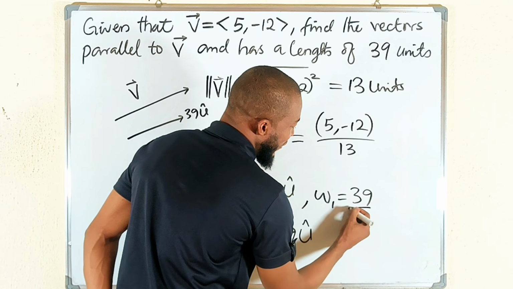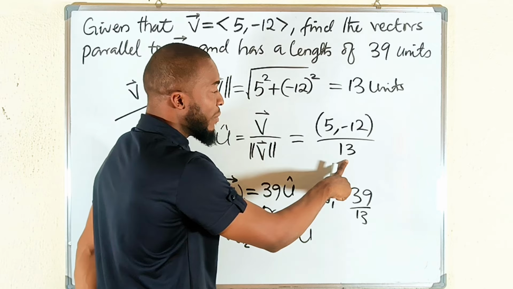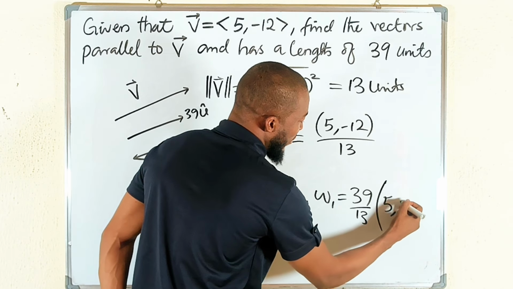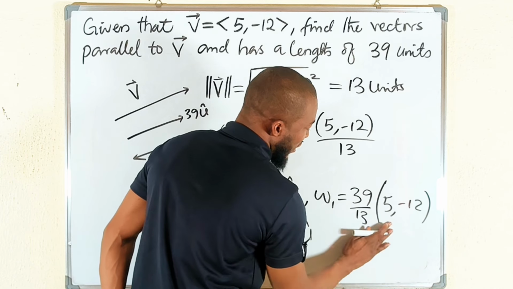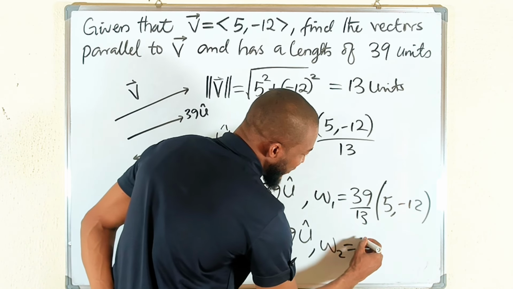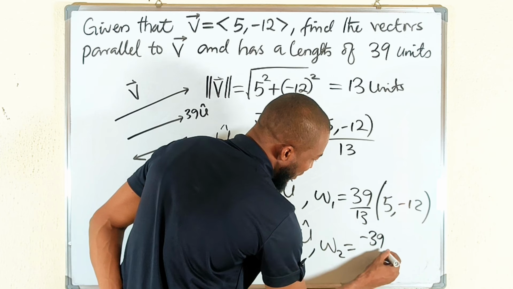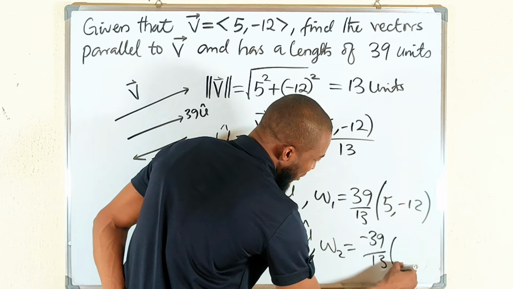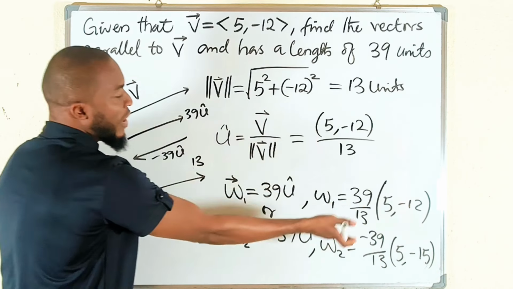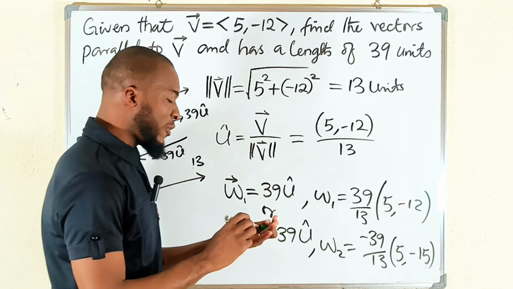So you can say 39 divided by 13, because remember this is dividing, then multiply by 5, negative 12. Then the second one will be equal to the same thing, negative 39 divided by 13 multiplied by the vector itself. This is what you have to simplify to get the two vectors you are looking for.